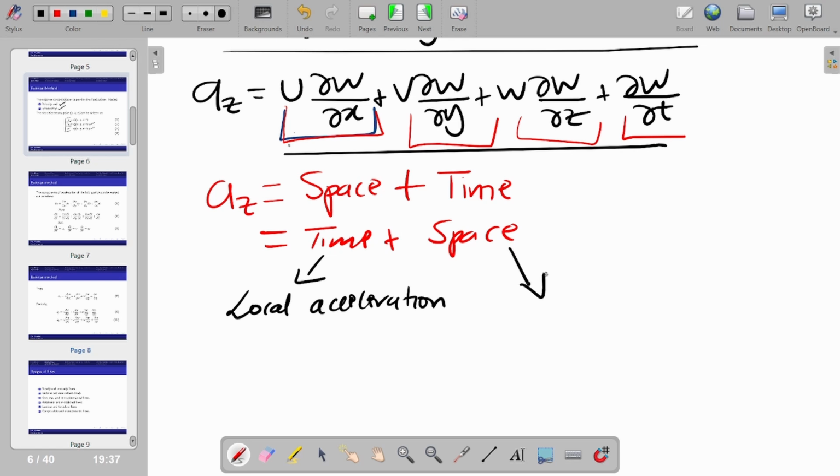Then this is known as the convective acceleration. Okay, so for steady flows, the flow variables like velocity do not depend on time.